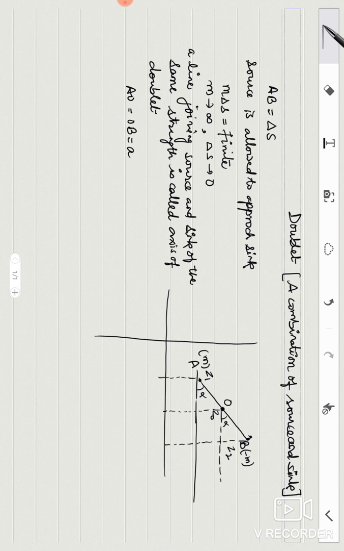So I may find it to be A cos alpha. This is A cos alpha, this is also A cos alpha. Likewise, these two lengths will be A sin alpha.